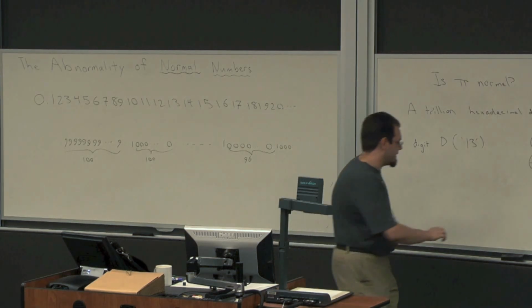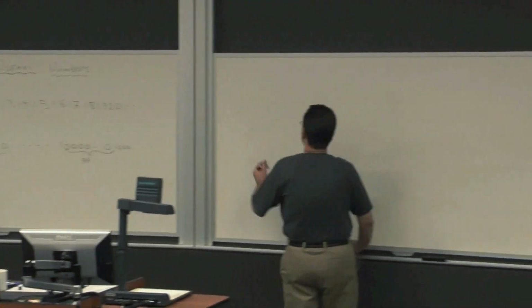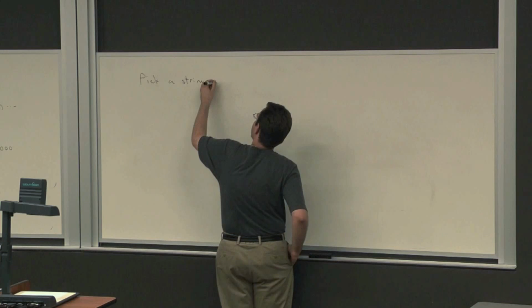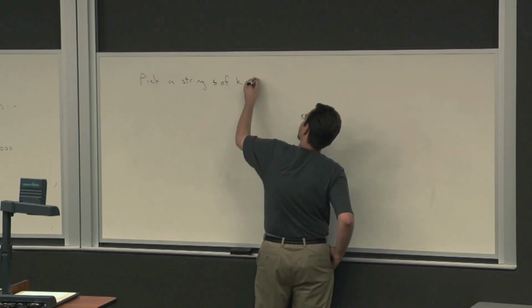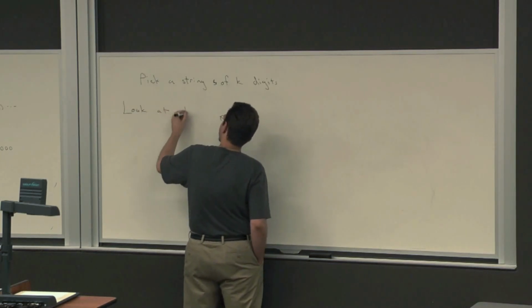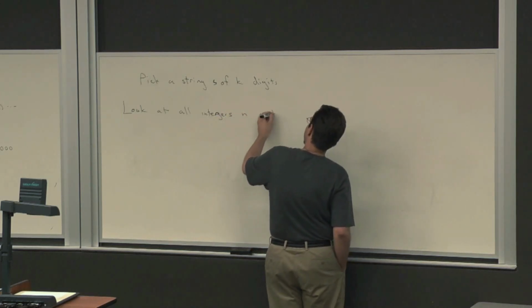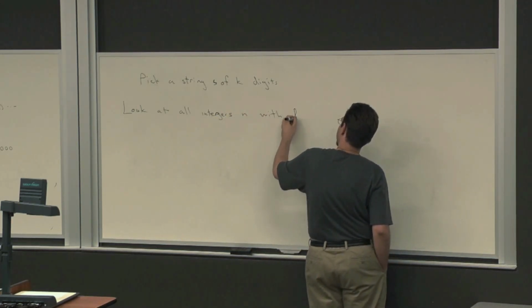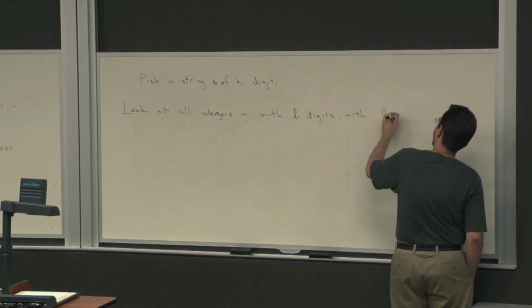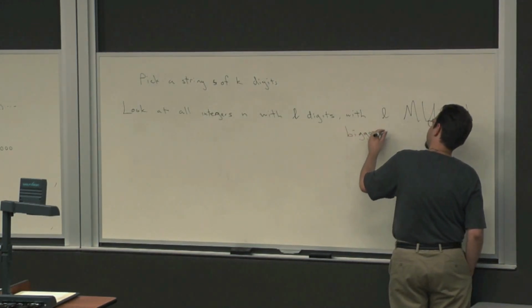So what that's saying is basically, okay, pick a string S of k digits, look at all integers n with L digits, with L much bigger than k.